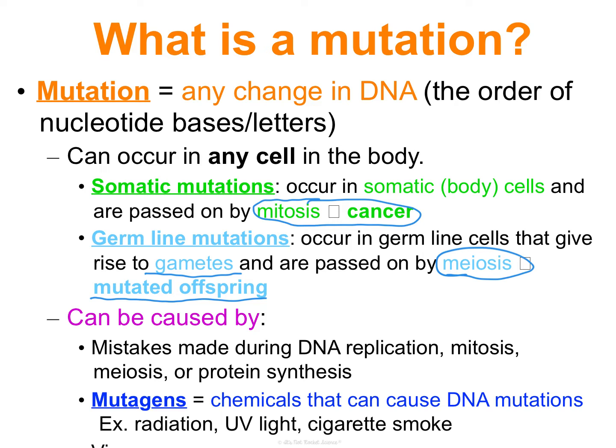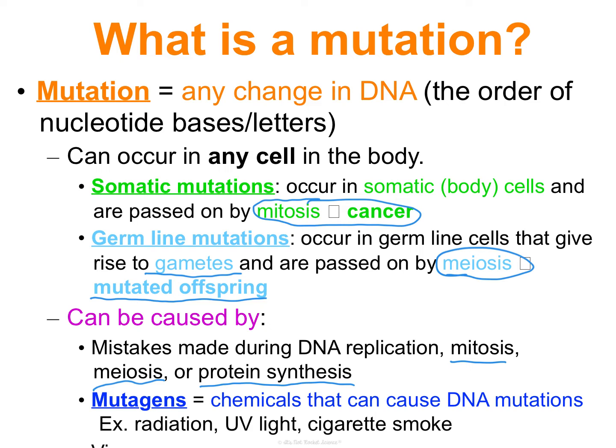Normally, they're just a mistake during DNA replication as DNA is duplicating itself. It can also be a mistake in mitosis or meiosis, and more often the outcome, which is protein synthesis, is where the problem lies. Now, there are certain causes which we call mutagens.